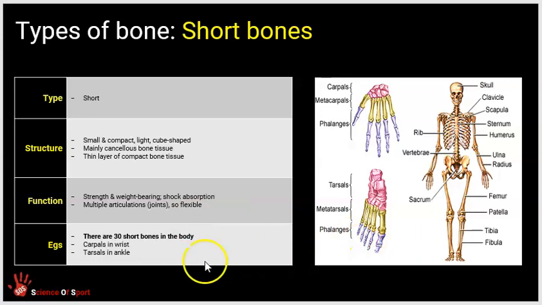Beware, because if you say the small bones, the short bones of your foot or hand, that's not entirely true, because phalanges and metatarsals are considered long bones. It's the carpals of the wrist and the tarsals of the ankles which are short bones. So try to be aware of that little misunderstanding.